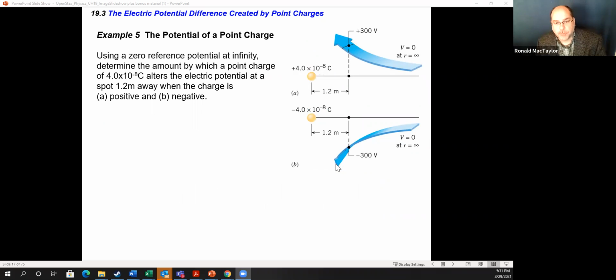So the potential of a point charge will depend on how far it is away from other fixed charges in space. And so we can see that it changes because it's relative to its distance. So if we go further away, it's going to approximate 0, but wherever we are here, 1.2 meters away, they're saying it's positive 300 volts, or for the opposite charge, negative 300 volts, but eventually going down to 0.